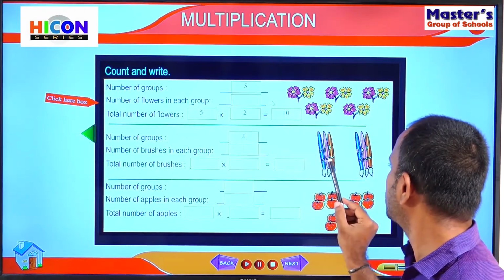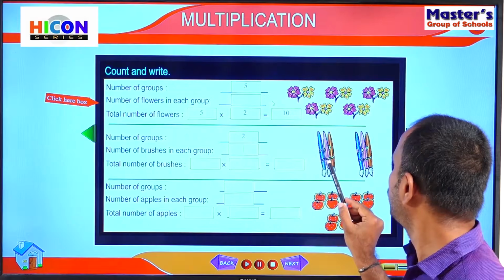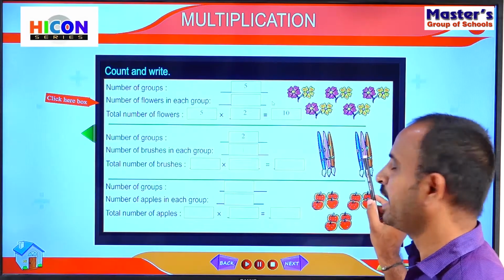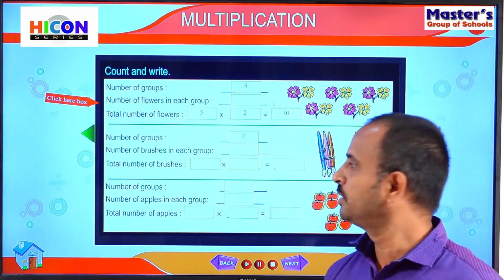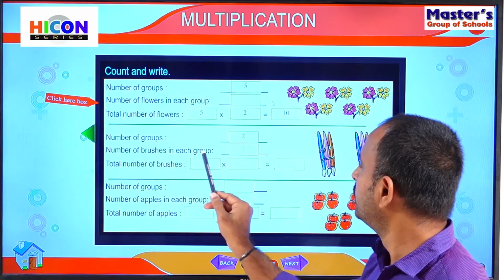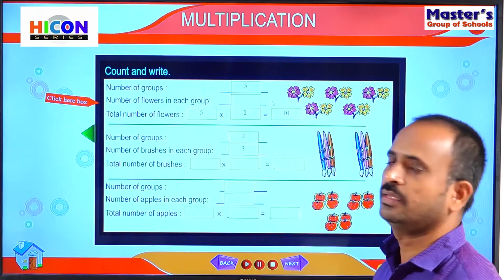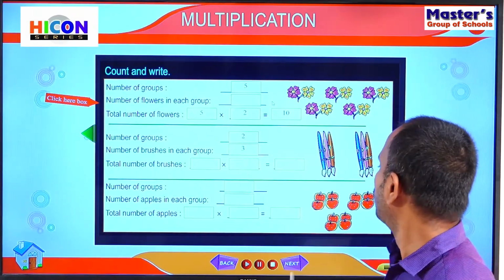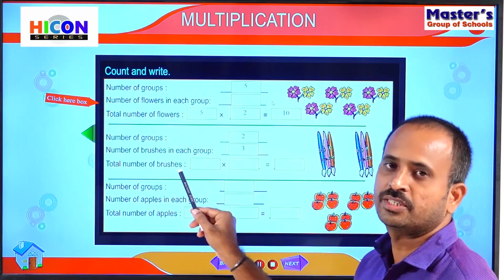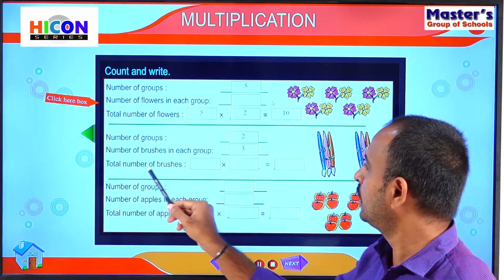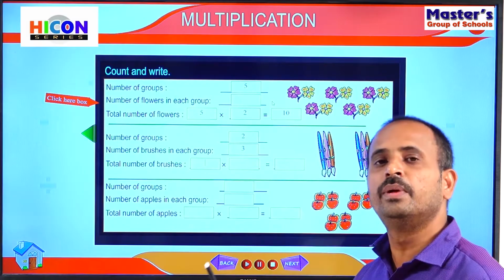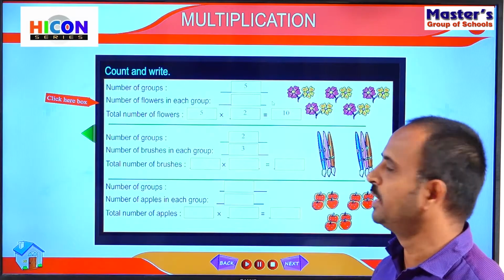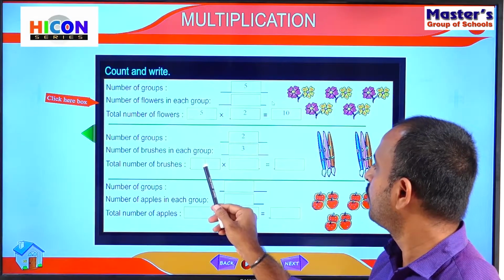And number of brushes in each group. Children, how many brushes are there in each group? 1, 2, 3. So each group has 3 paint brushes. So number of brushes in each group is equal to 3. So children, how can we get the total number of brushes? Total number of brushes can be obtained by multiplication. So how can we multiply? First write the number of groups.